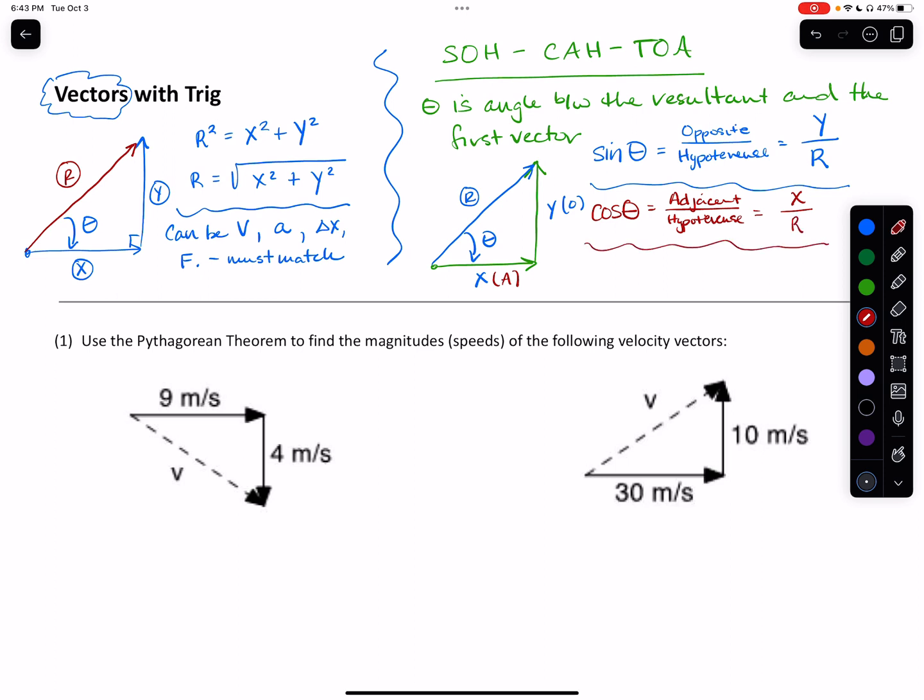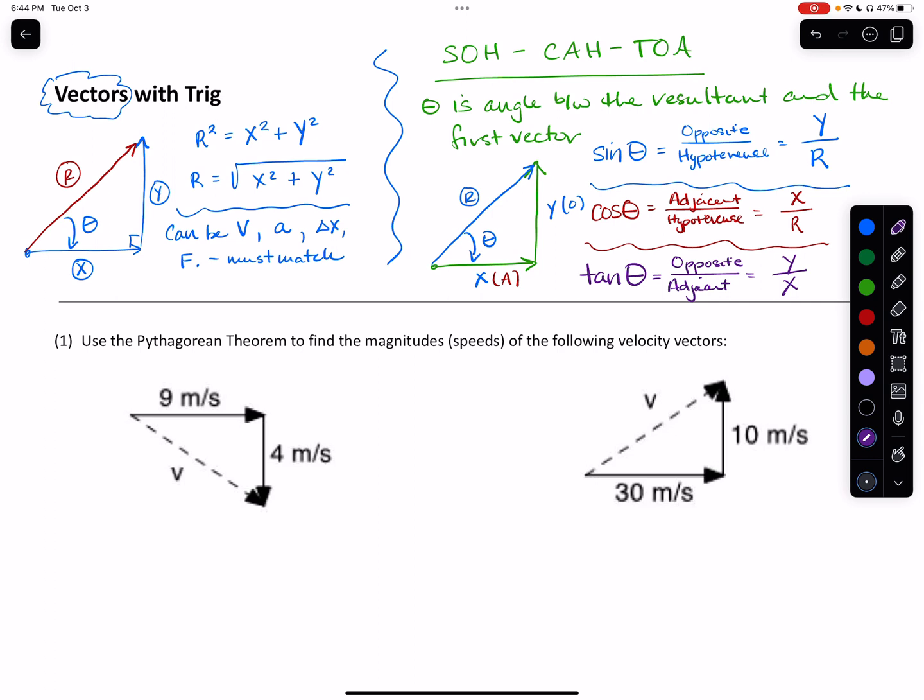And then finally, the tangent function. So the tangent of theta is equal to our opposite leg divided by our adjacent leg. And in our triangle, the opposite leg will be our vertical divided by our horizontal, or y divided by x.